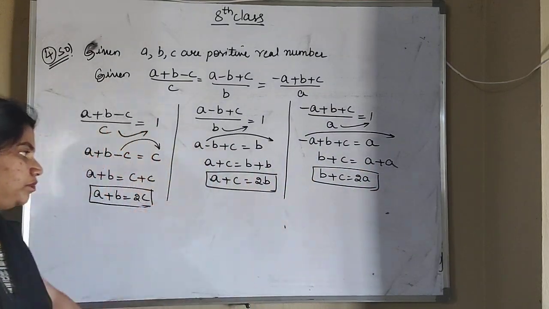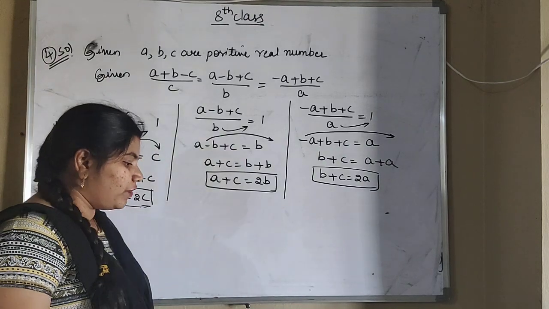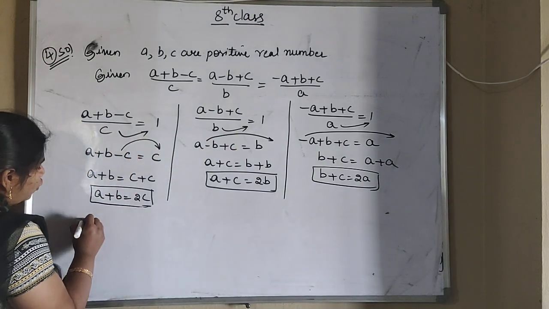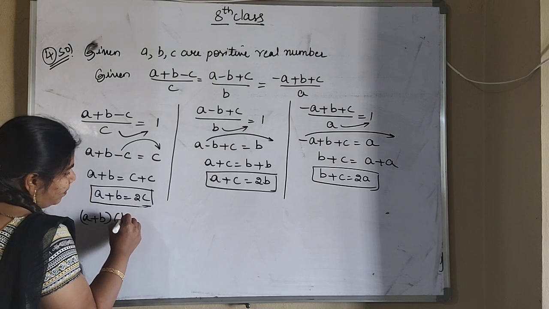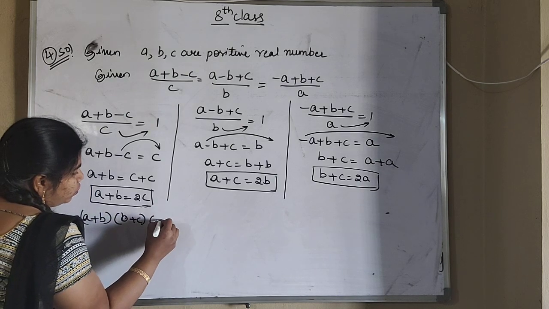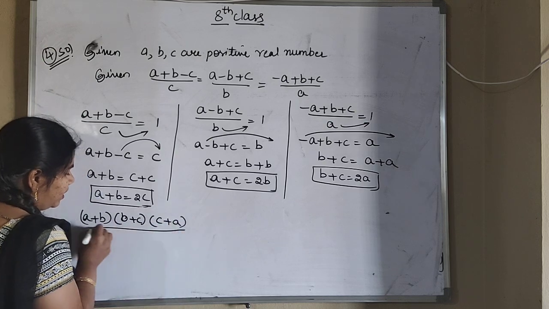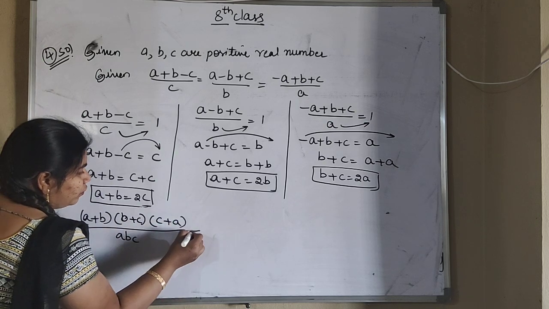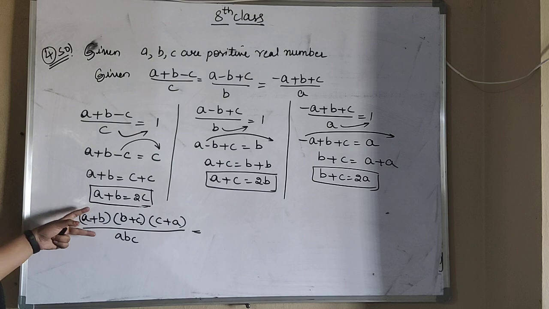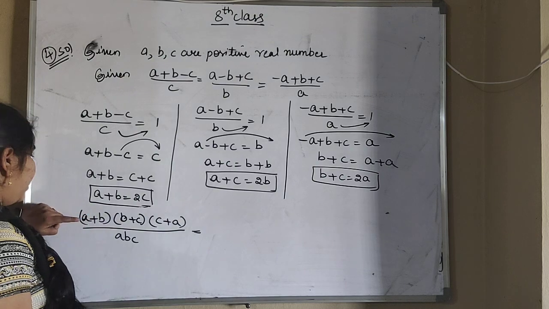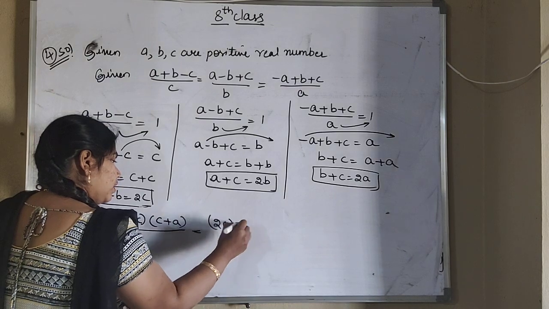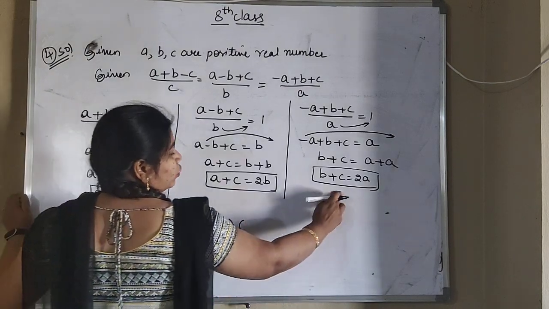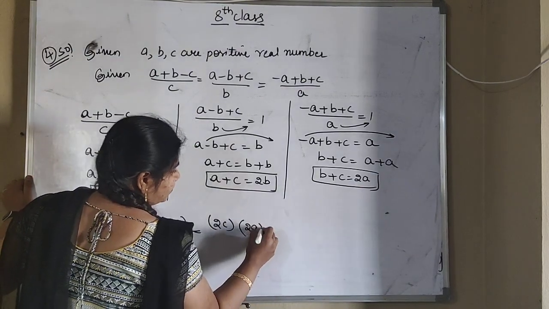Now what do we have to find? We have to find the value of (A plus B) into (B plus C) into (C plus A) by ABC. A plus B value you already got as 2C. B plus C value you got as 2A.